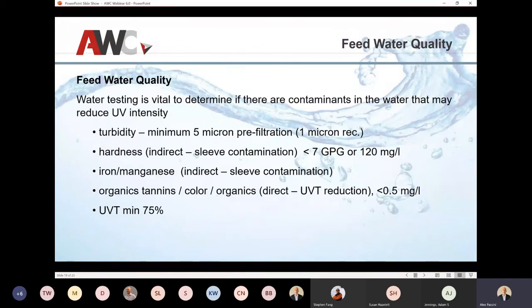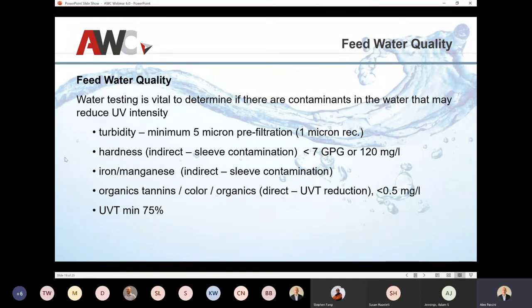When you build up over your sleeve, you're interrupting the UV disinfection going into the water, which is why it needs some kind of pretreatment. There are some nice sleeve wipers in the larger systems. If you're going at 400 or 500 gallons per minute, there are sleeve wipers that will constantly move back and forth to keep your sleeves as clean as possible. If you don't have those sleeve wipers, then you need to keep it under 7 GPG or 120 milligrams per liter of hardness.